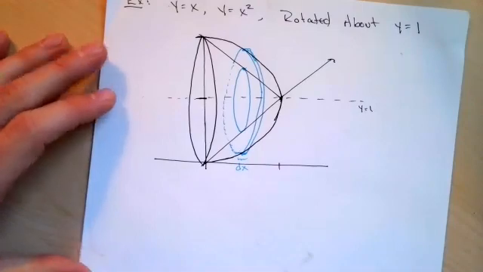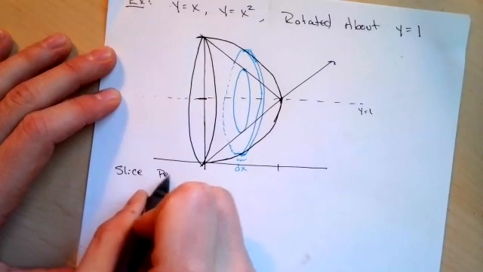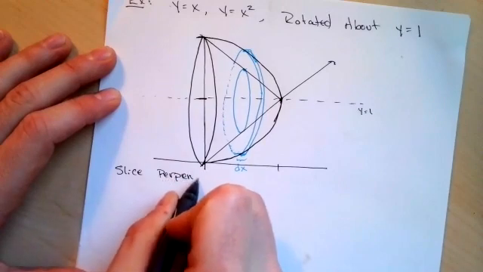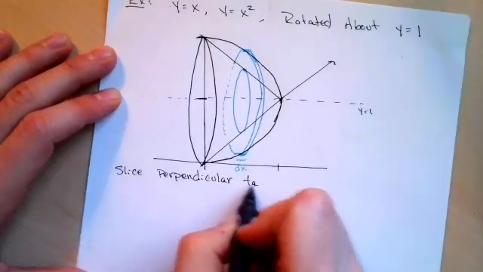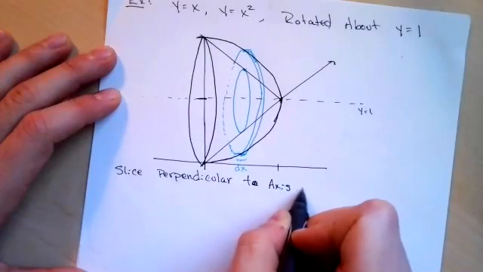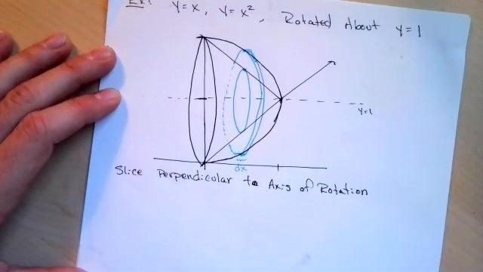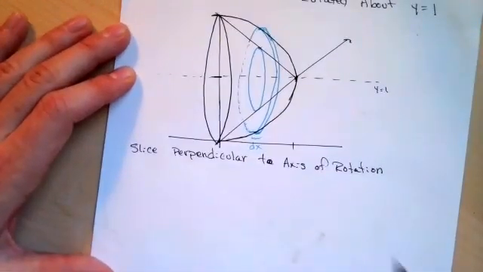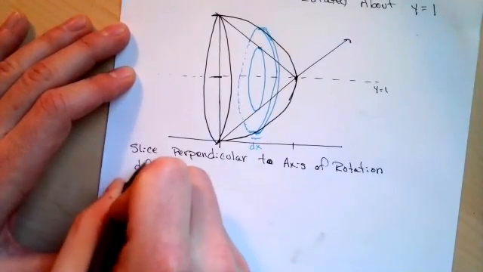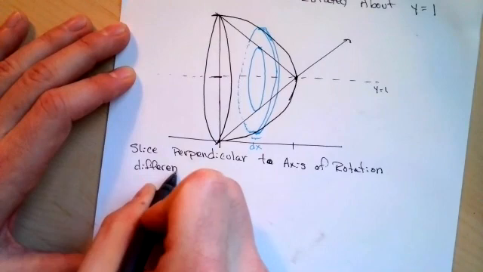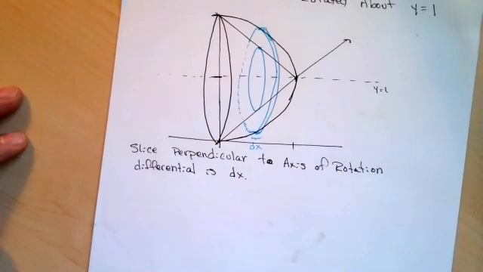So again, general rule, we slice perpendicular to the axis of rotation, which dictates our differential. In this case it is dx.